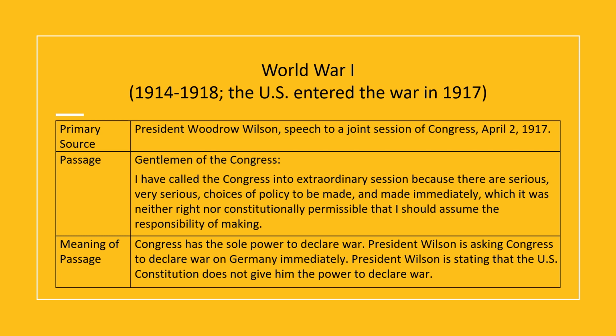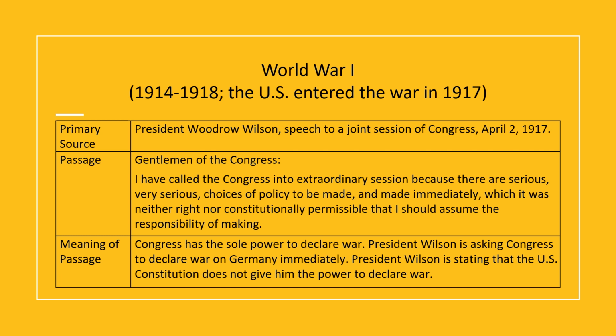This particular excerpt is very interesting because President Wilson is recognizing how the separation of powers system works. What we're looking at now is not an example of checks and balances, because President Wilson, as president and as commander-in-chief, had no power when it came to declaring war.